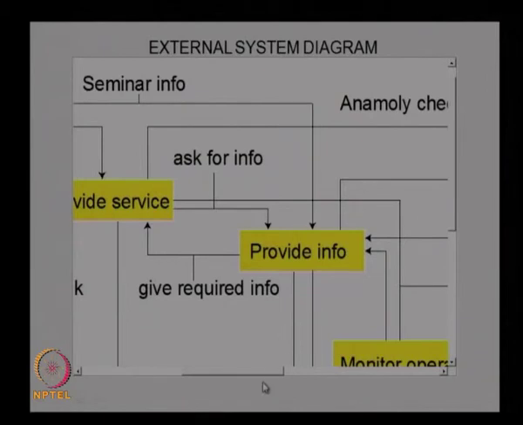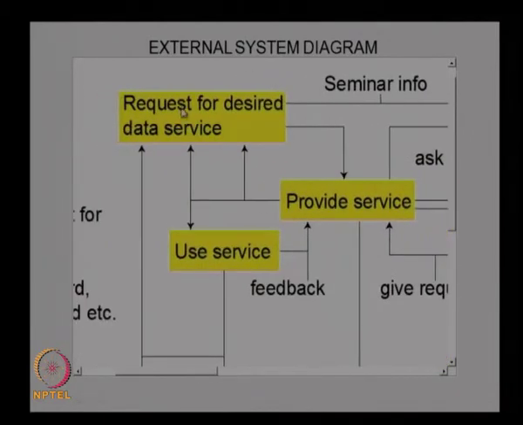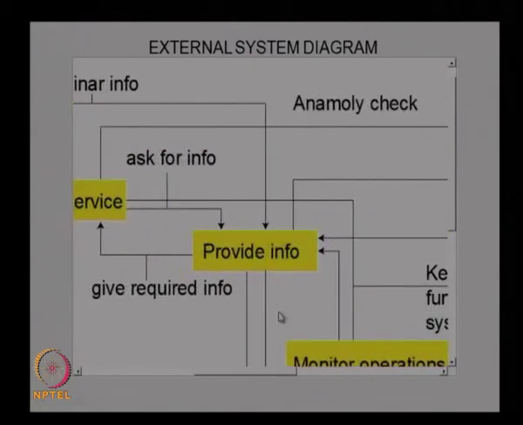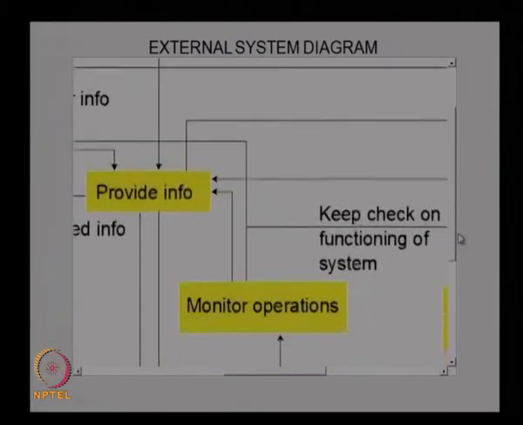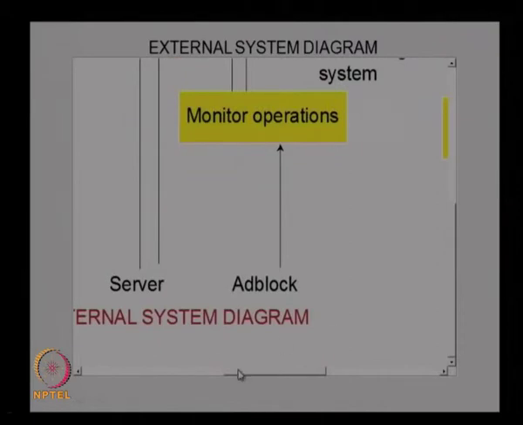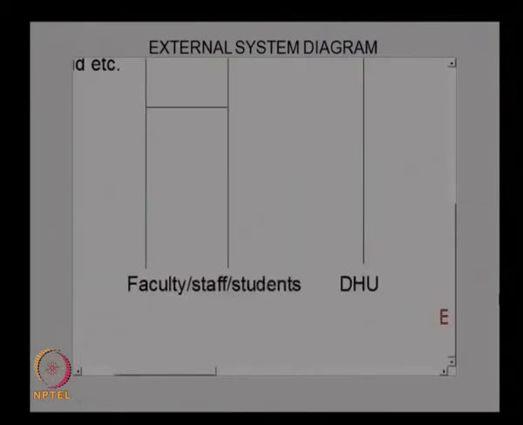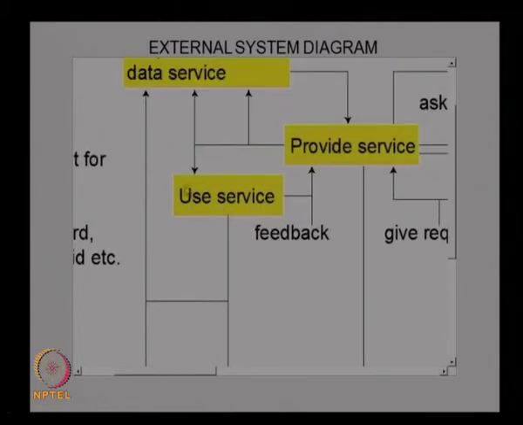These are the main functions: request for desired data service, provide service and provide information, and monitor operations. These are the functions to be provided by the UDAIR system, and all other external systems are shown here, and the type of interaction with the external systems is also shown. You can see the inputs and outputs from various functions in this diagram.